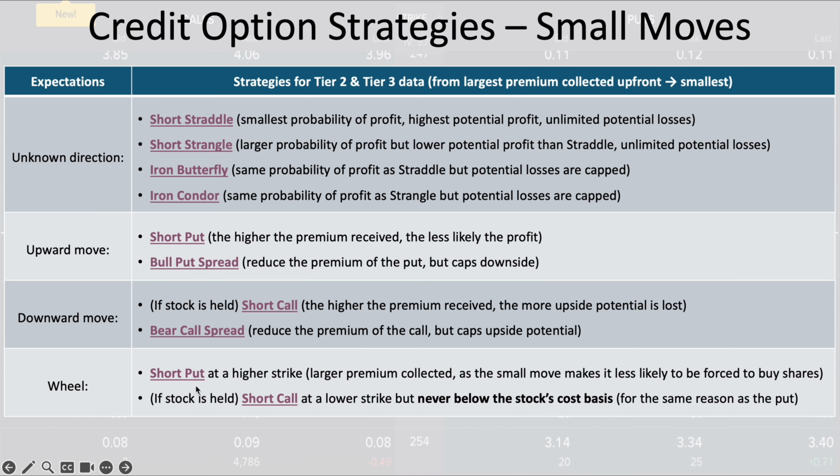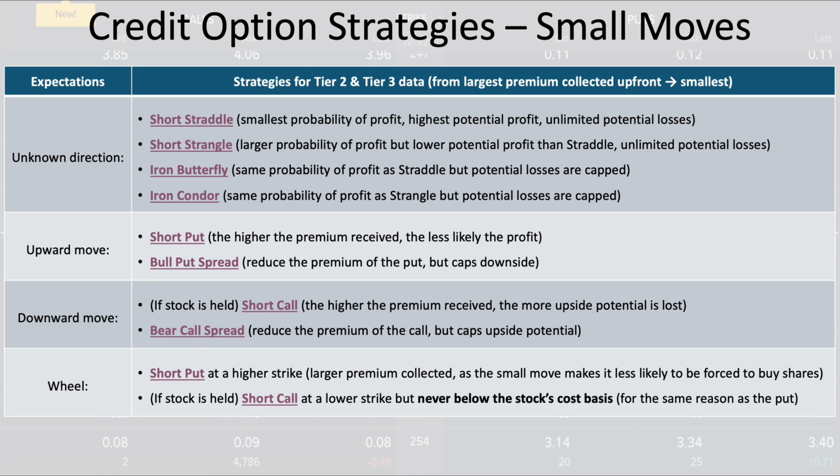And if you already have stock, you sell a call, but you sell at a lower strike, never below the stock cost basis. You don't want to lock yourself into a potential loss, but you sell at a lower strike so that you collect more premium, but still, because you expect a small move, you are not likely to be assigned anyway, so you maximize the return of your strategy.